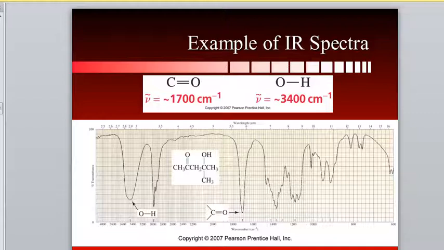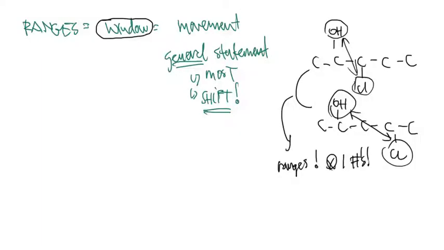Down here at the very bottom, you see that the number 4,000 starts over here to the left. And if you track it across to the right, you see that it ends at 600. A lot of times people think that this is backward, but it's not. It's 4,000 per centimeter to 600 per centimeter. What do I really mean by that?